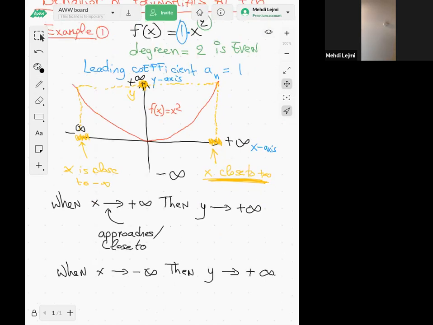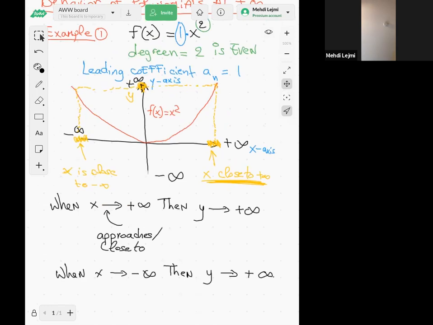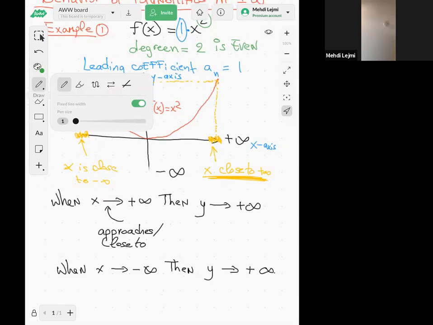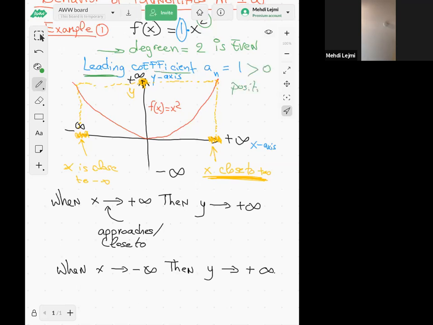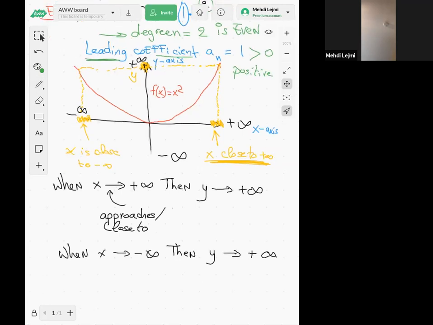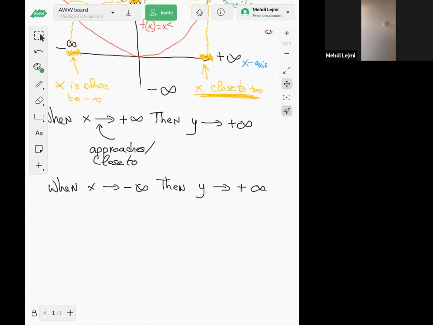So you may ask why we are doing this. Well, it's because this is actually a general fact. If your degree is even and your leading coefficient is positive, here it's 1, then we are going to have the same behavior at infinity.